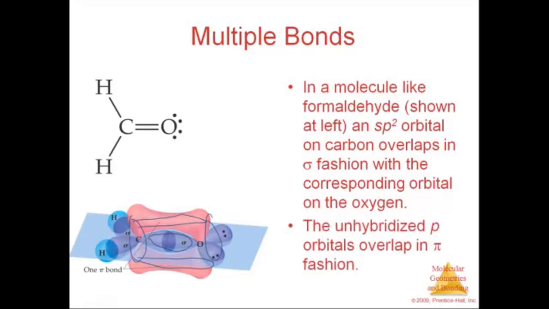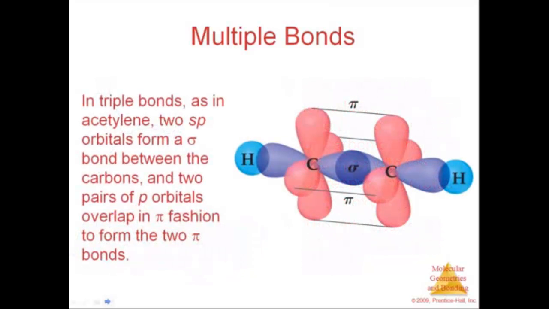So the overlap is in a pi fashion when that happens. So we have a triple bond. The center one is the head-to-head, and that's sigma, and then if I add additional orbitals or additional bonds, multiple bonds, they are pi.